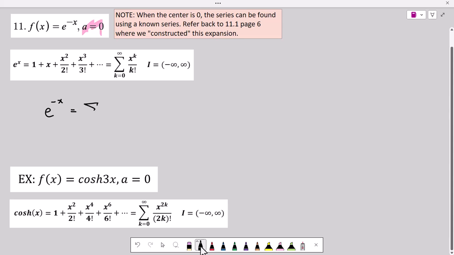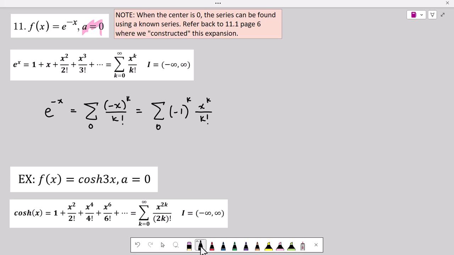So we go to the power series for e to the x, replace x with negative x, and that gives us the power series, more correctly, the Maclaurin series for e to the negative x. And now we should simplify that a little bit. So we've got that.